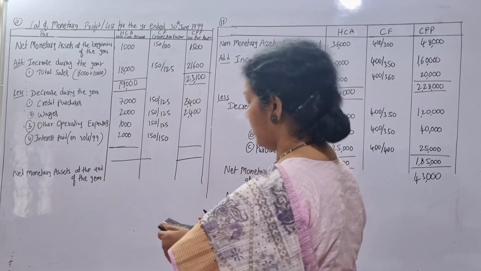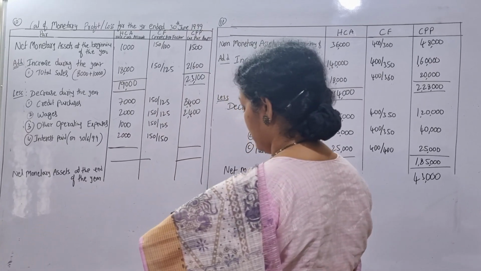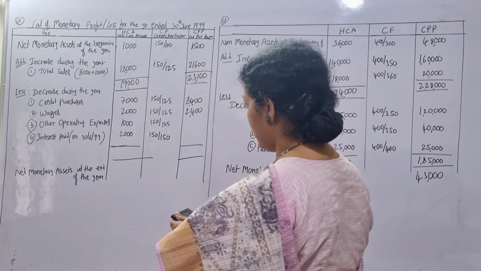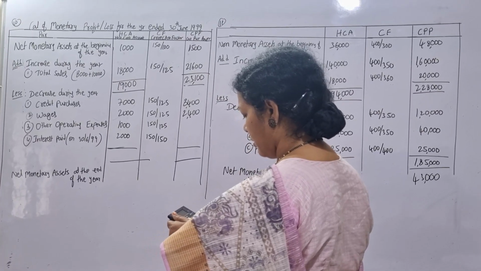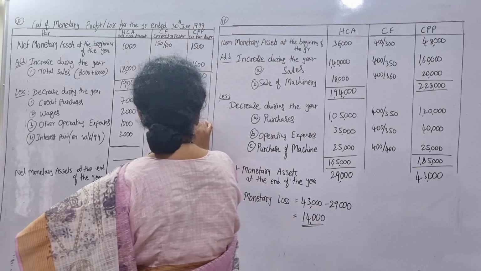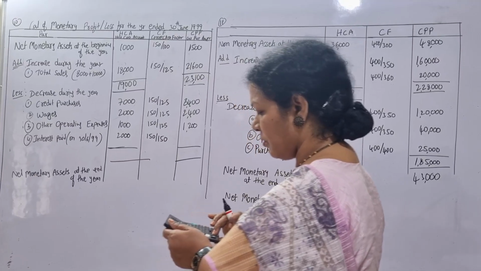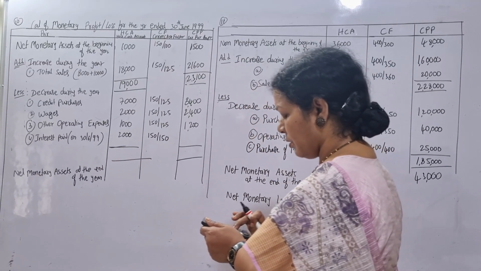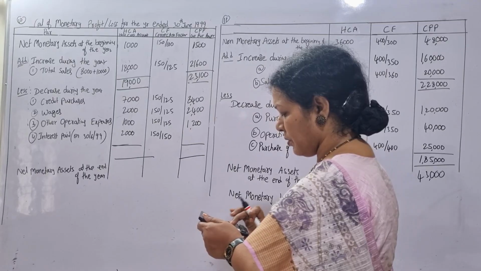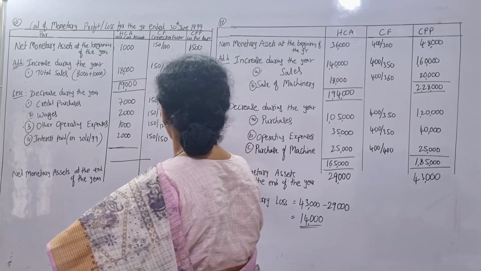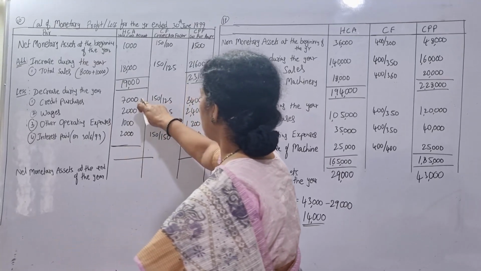Next, 1,000 into 150 divided by 125 is 1,200. This 2,000 is 2,000 into 150 divided by 150, same only. So we'll total this one also.